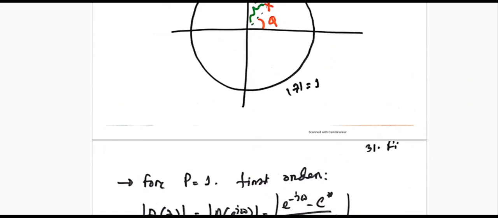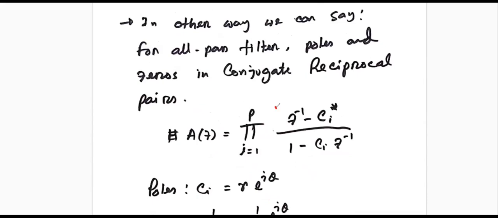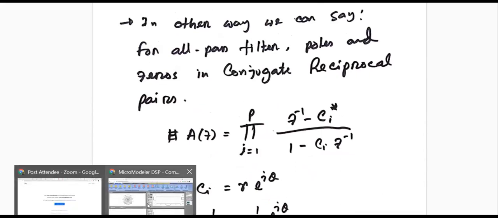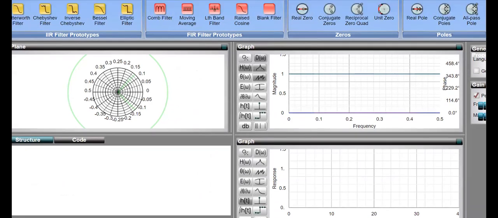Okay, before going to the explanation of how this shows magnitude 1, let me introduce our online platform by which we can observe our all pass filter. First of all, you will find this section. Let me extend it a little bit more. You'll find that this is the all pass pole.